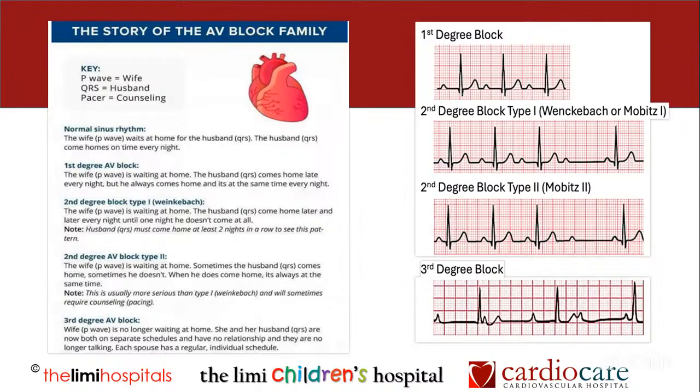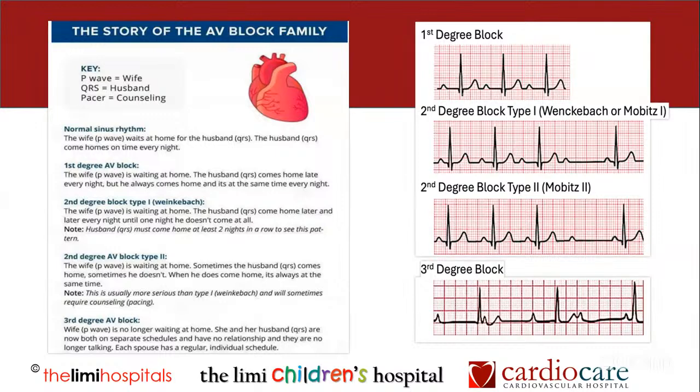In first degree AV block, there is a prolonged PR interval, from the first image I showed us. The PR interval, that is the time from the beginning of the atrial depolarization to the beginning of the depolarization of the QRS complex, that I said should not be more than one big box, is prolonged, but the impulse goes on.